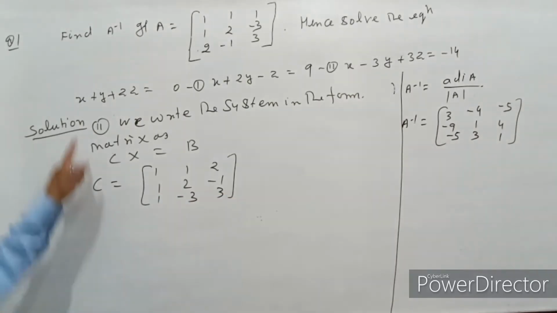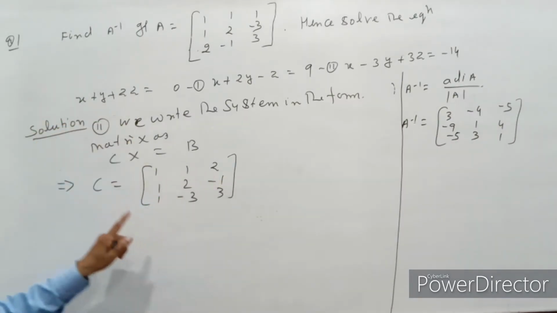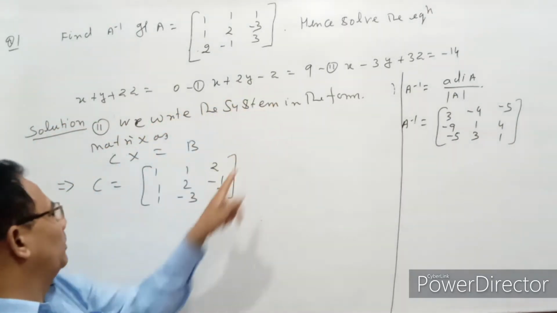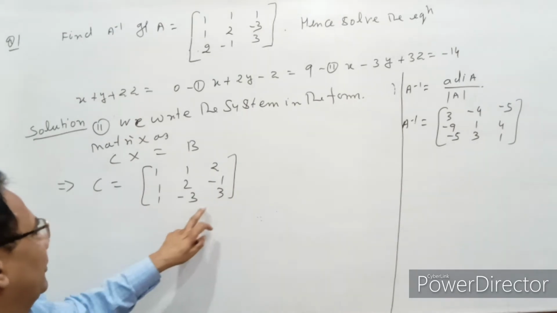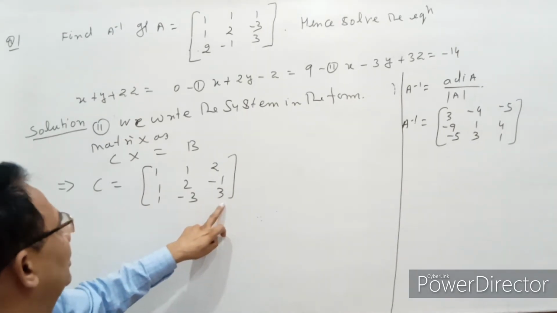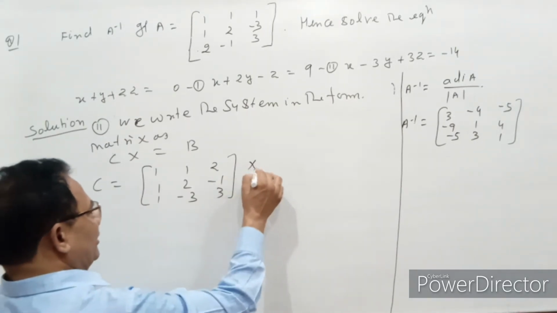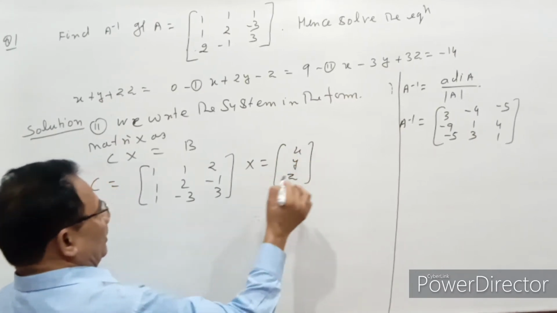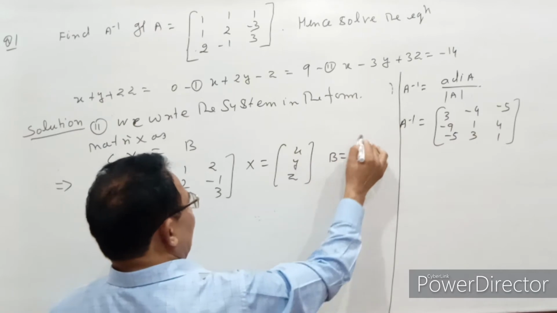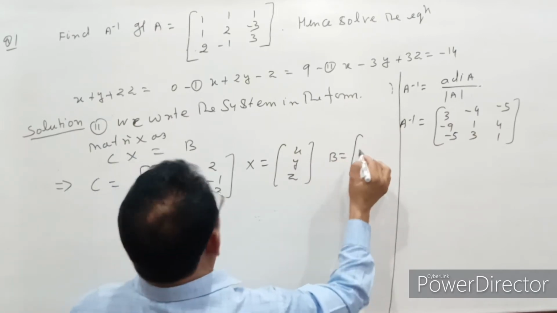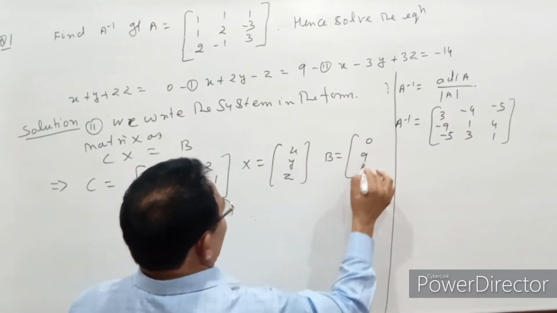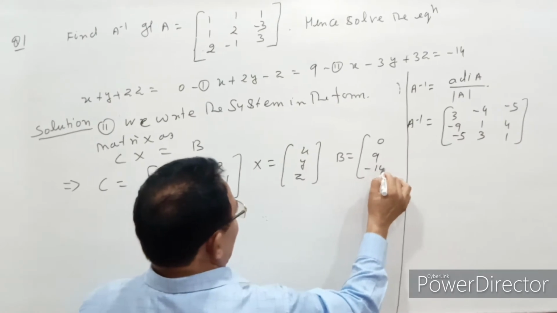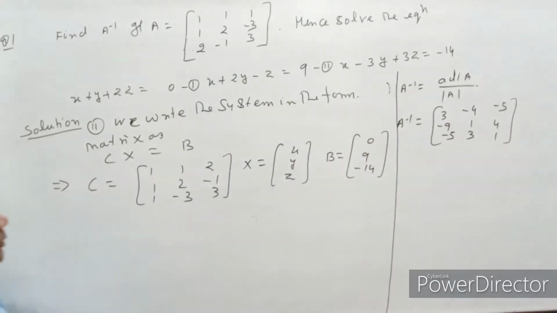Now, see 1, 1 or 2, that is 1, 2 minus 1, 1 minus 3 and 3. And matrix X is equal to the variable matrix X, Y, Z, and matrix B is equal to the constant matrix 0, 9 and minus 14.